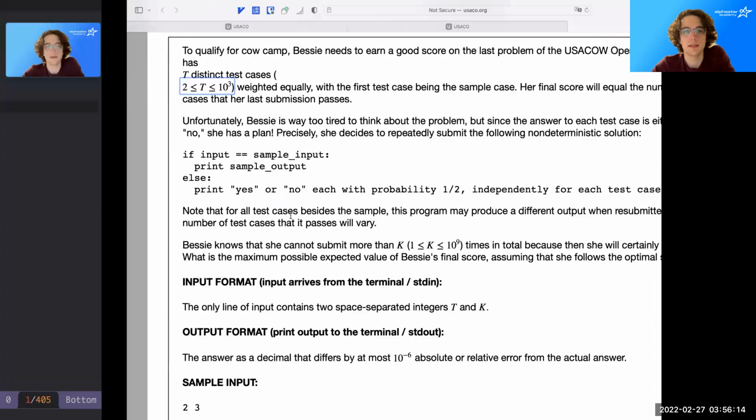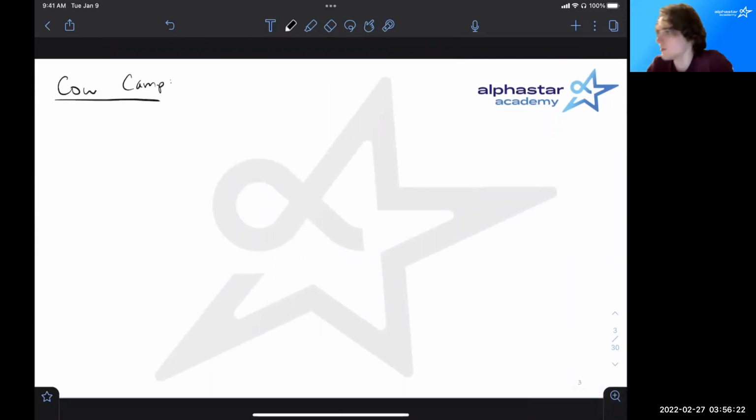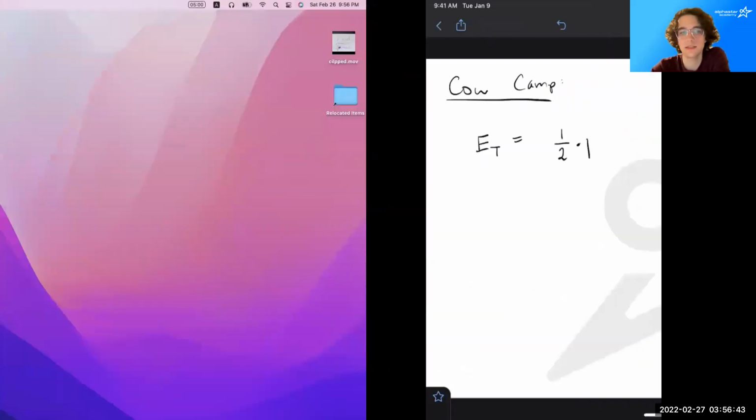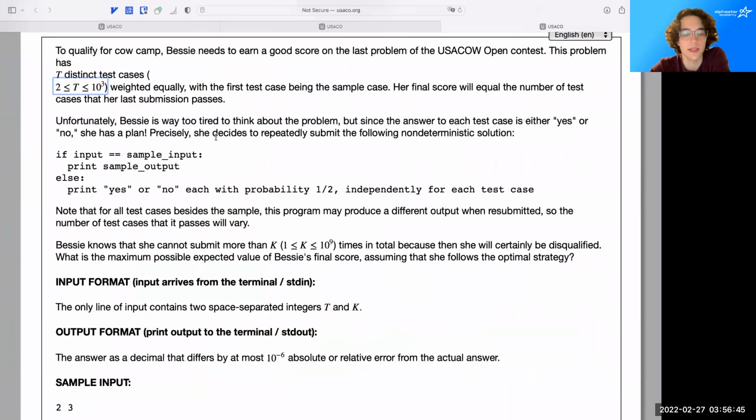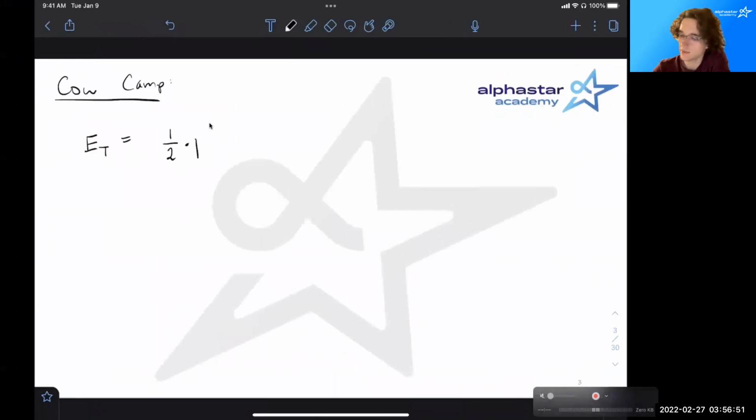But let's think about this. Okay, so we have cow camp. What is the expected value in one run? Let's just call that E sub t. I think the sample is included, yes, you get the sample case for free, so you can't get 0 test cases.